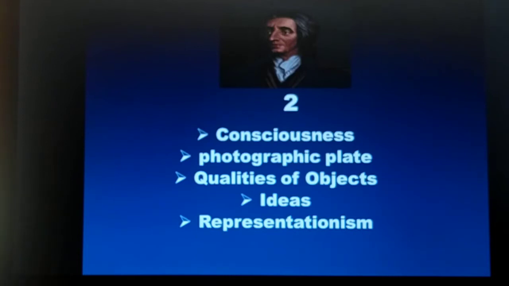We can see the images, the pictures of the things, the images of the objects on the consciousness. So Locke compares our consciousness with the photographic plate of a camera.